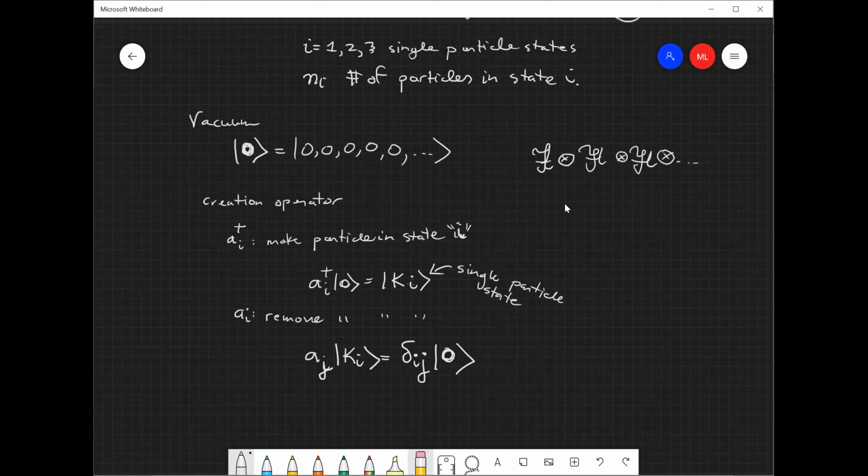We could choose the energy basis, or some other basis, it doesn't matter whatever we choose. For each of those bases, we would have a set of creation and annihilation operators. You can imagine these K sub I's being a basis for the single particle Hilbert space.